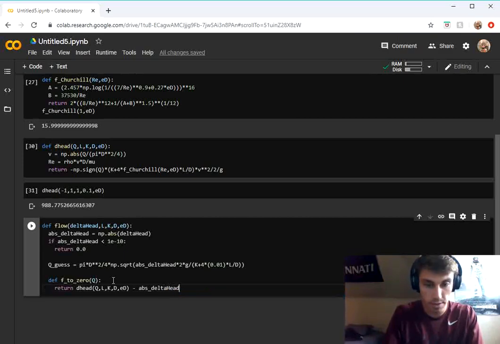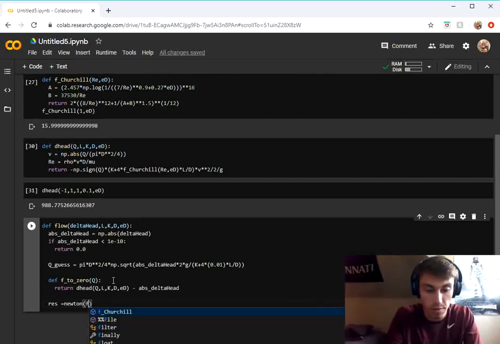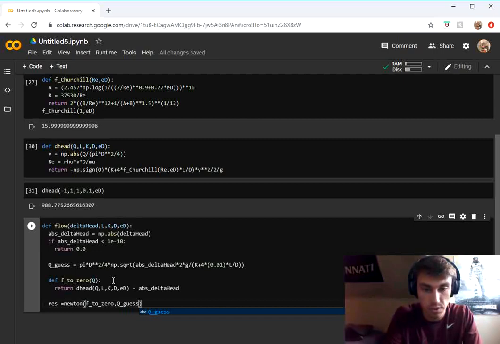Looking at that, we can find our result, and that will be Newton, which will help us find the roots of the function. That'll be f to 0 and q.